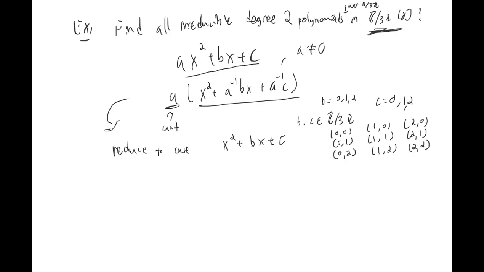When b and c are 0, it's x squared. When b is 0, c is 1, it's x squared plus 1. When b is 0, c is 2, it's x squared plus 2.